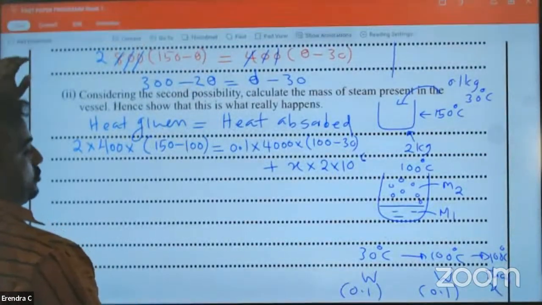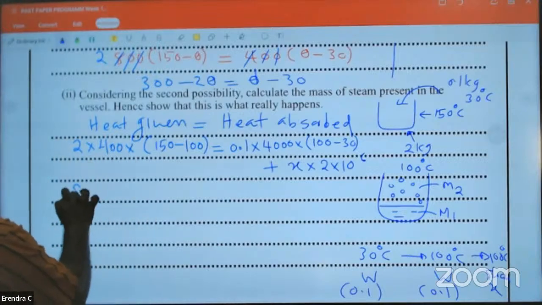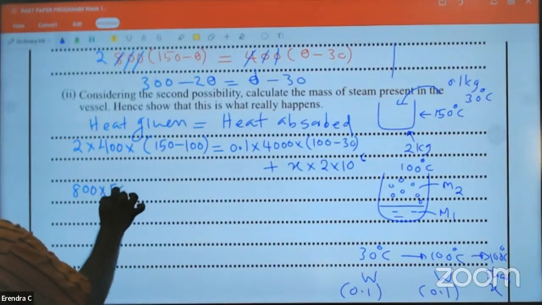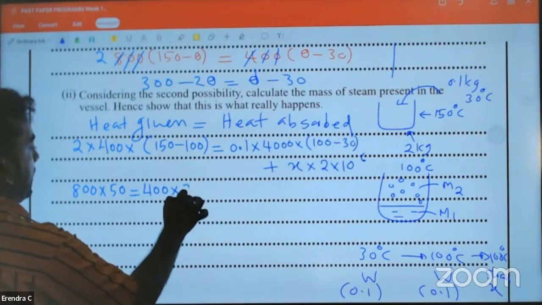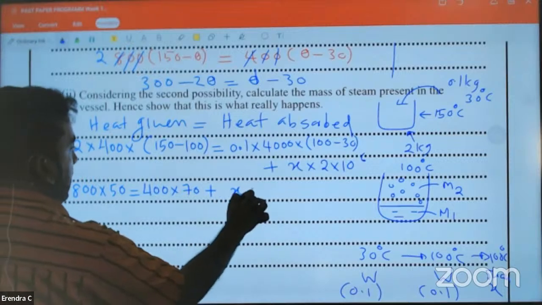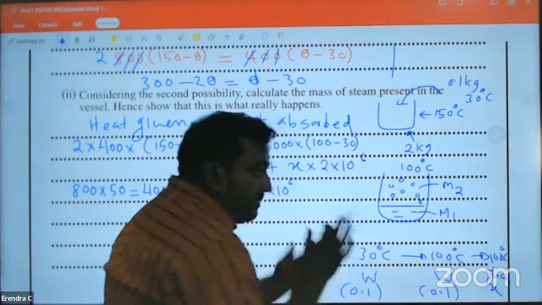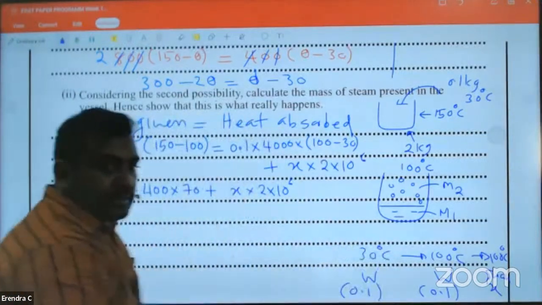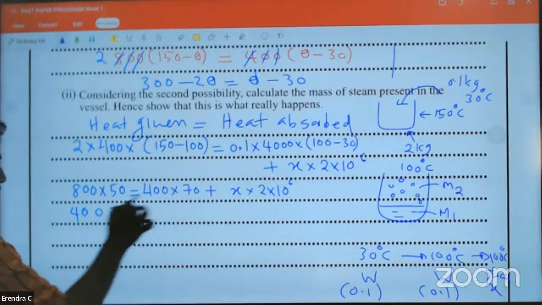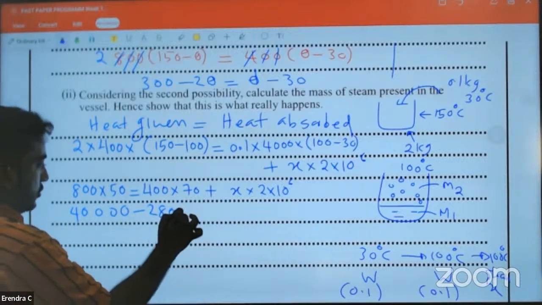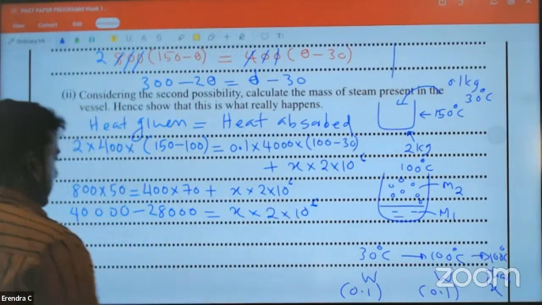Let's see whether this is true. Simplify. 800 into 50. 400 into 70. X into 2 to the power 6. We'll find the amount of mass. If this is less than 0.1, correct. 40,000 minus 28,000 is equal to X times 2 10 to the power 6.